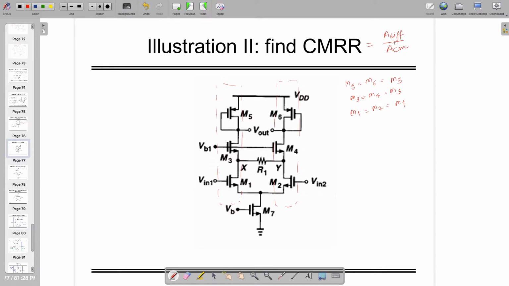So if we find out the absolute value of the differential gain, when we are applying the differential mode, you remember you have to use the theory which we started with. Both the balanced networks are connected with a wire, and whatever is connected here, you can say Vp is equal to 0. Let's call this one Vp. It's an AC virtual ground.